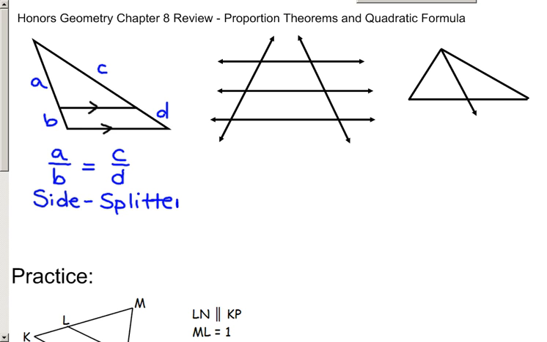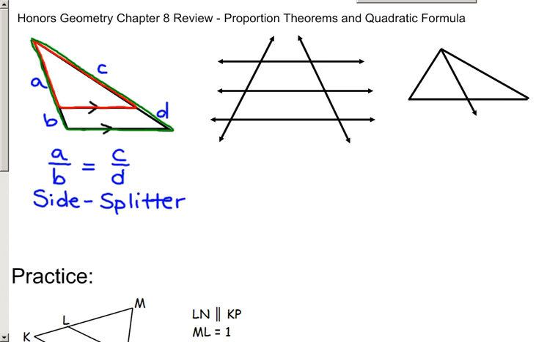It's very important to remember that the proportion, or the ratio from the side splitter, is not the same as the ratio of the similar triangles. You do have similar triangles. The smaller red triangle would be similar to the whole larger green triangle.